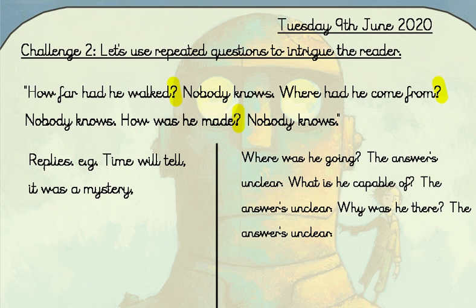Let's have a think. What I'd like you to do is split the remainder of your page into 2. And on one half of it, I'd like you to write some replies that we could put in, some of those repeated replies. So here we've got nobody knows. We could have time will tell. We could have it was a mystery.